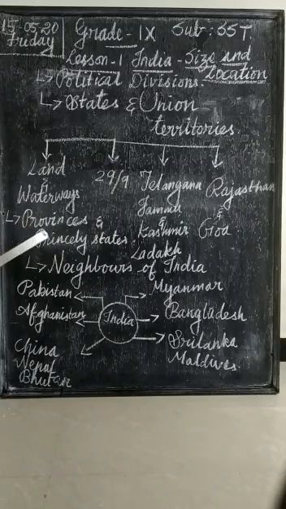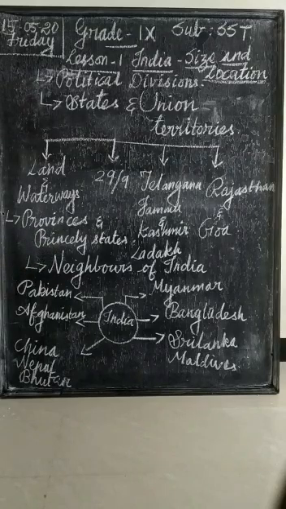Princely states were ruled by local hereditary rulers who acknowledged sovereignty in return for local autonomy.